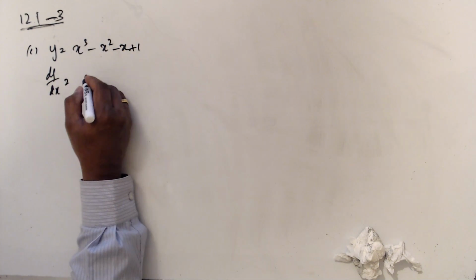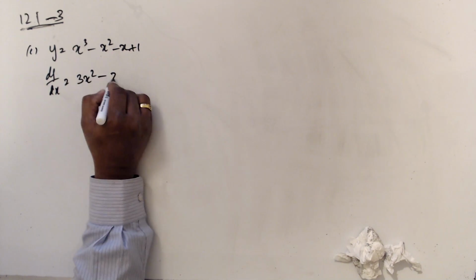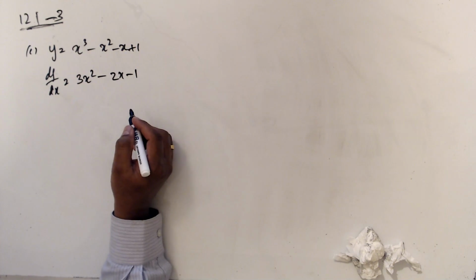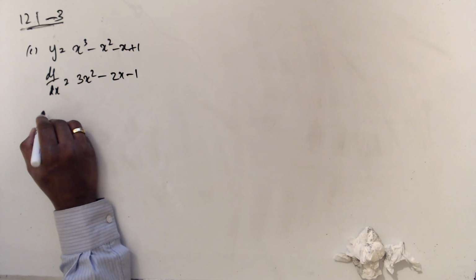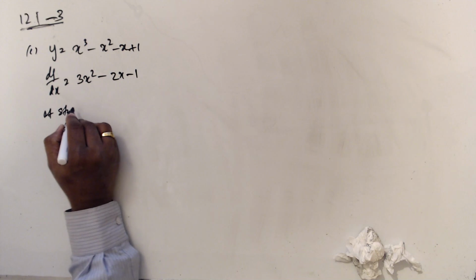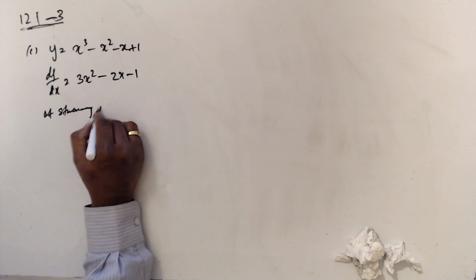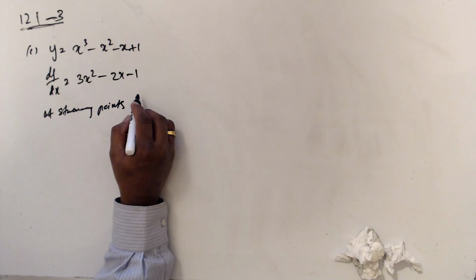dy over dx is 3x squared minus 2x minus 1, and at a stationary point dy by dx equals 0.